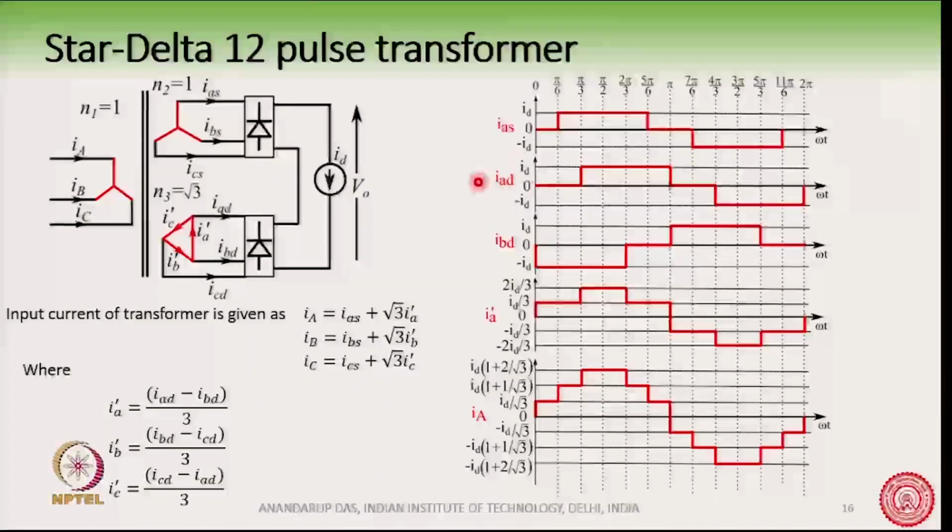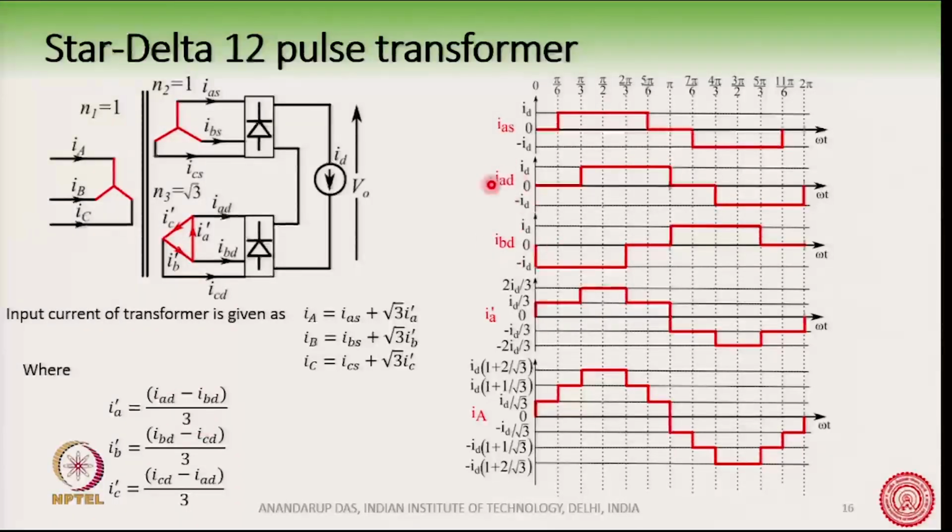So, if IAD is obtained, I can also draw IBD, because IBD is 120 degree lagging to IAD. So this is my IAD, and IBD is 120 degree, or 2 pi by 3, shifted on this side. Once we get IAD and IBD, we have seen IA dash can be readily obtained as (IAD minus IBD) by 3.